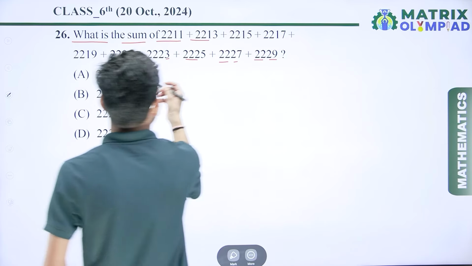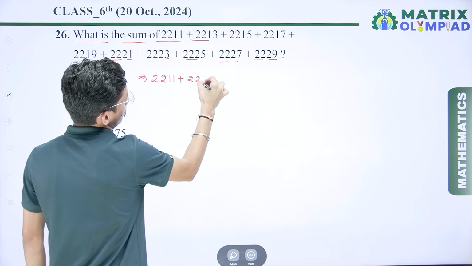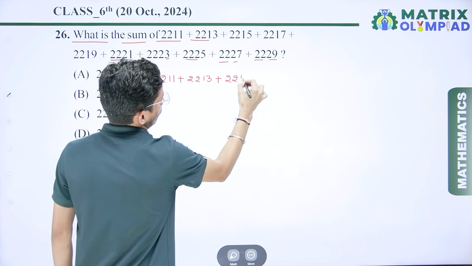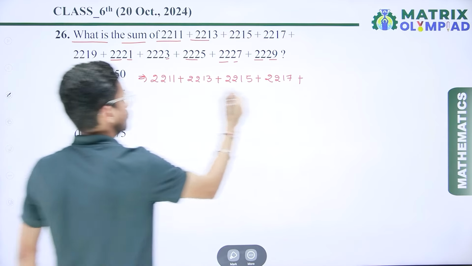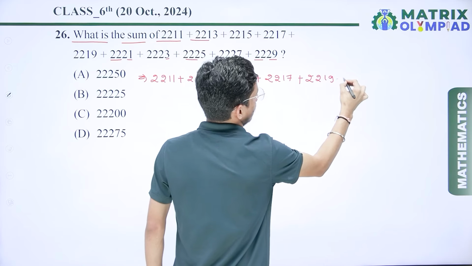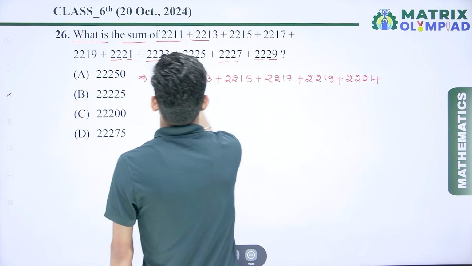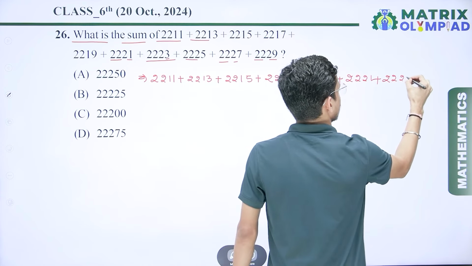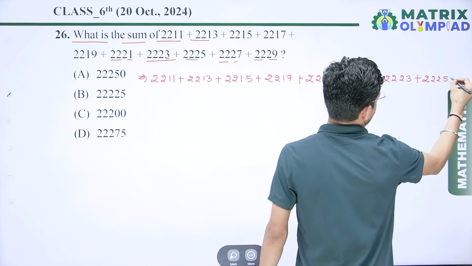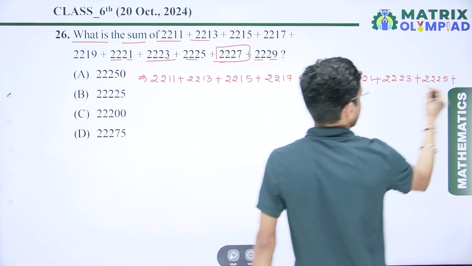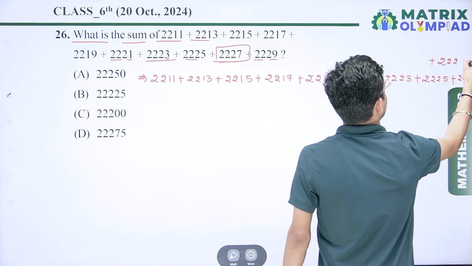So first I write all the numbers over here. 2211 plus 2213 plus 2215 plus 2217 plus 2219 plus 2221 again plus 2223 plus 2225 plus 2227, and the last one, 2229.